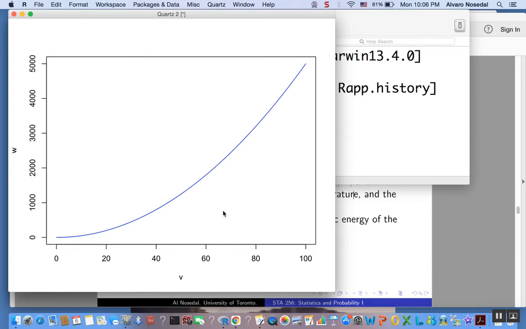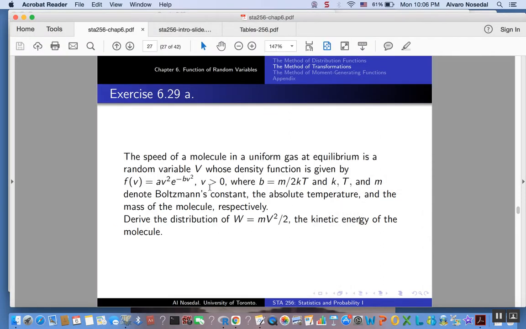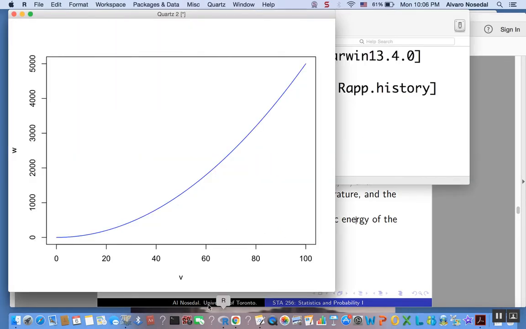But in this case, since we're only interested in v's that are positive, and that's where we have the non-zero part of the PDF of the original random variable v, then over that region this function, the one defined by our transformation, is strictly increasing. Then the inverse is going to exist. Then we get to apply the transformation method.